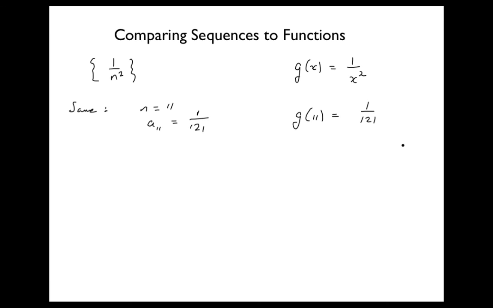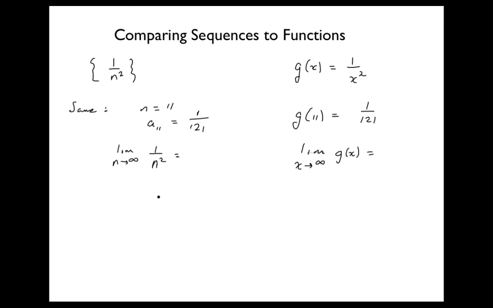Okay, this is what we really want to focus on in terms of them doing the same: the limit as n goes to infinity of 1 over n squared is going to be the same as the limit as x goes to infinity of g of x, or 1 over x squared. We're saying as n gets really, really large and we look at the terms of the sequence, does that converge or diverge? And if it converges, what does it converge to?